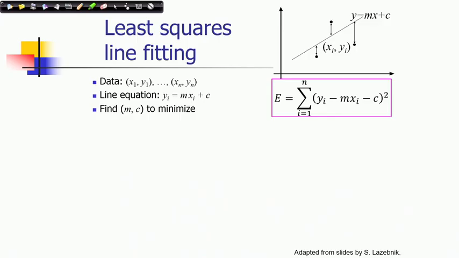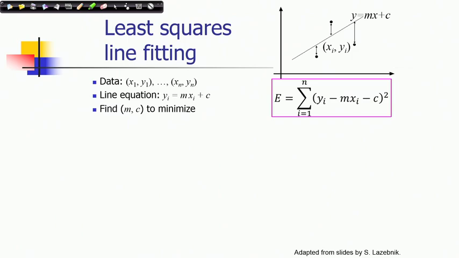We are discussing least squares line fitting. We have been given a set of data points, and the form of the model in this case is a straight line given by the equation y equals m x plus c.